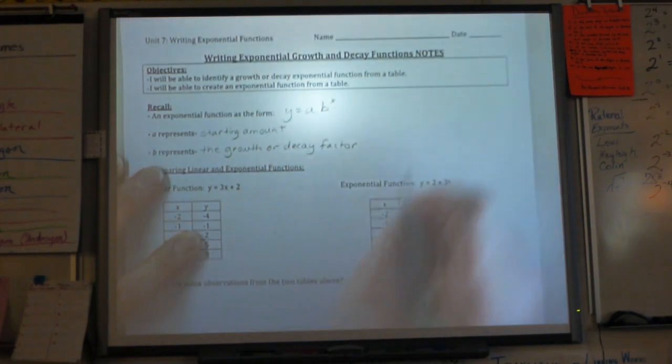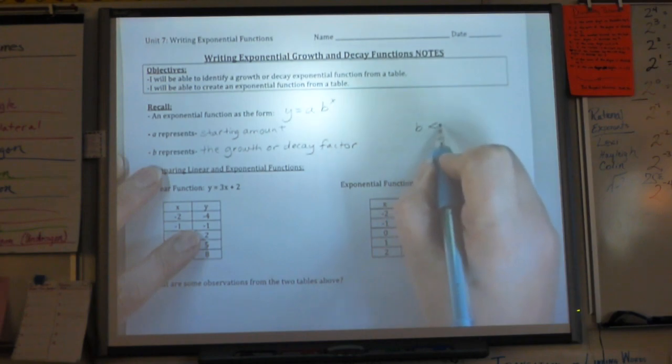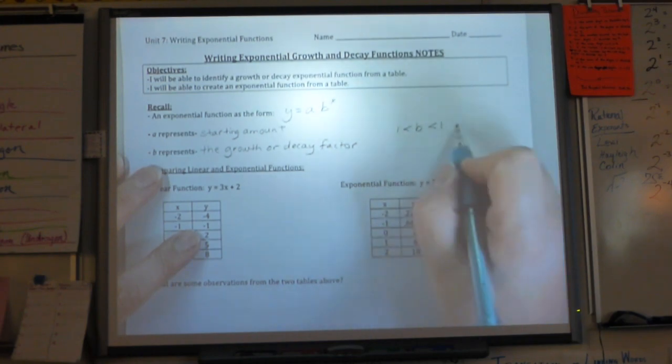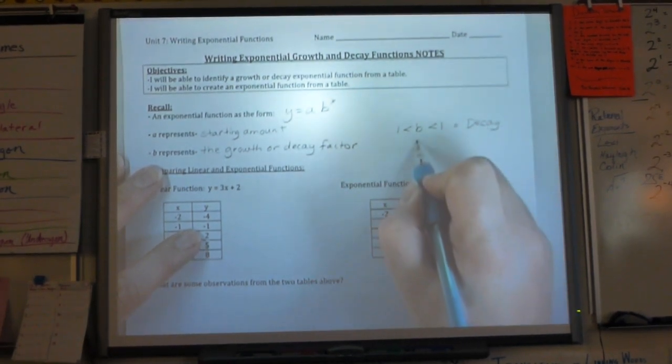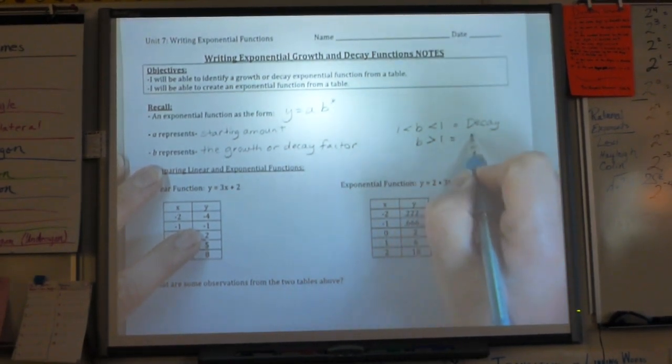Okay, and just a reminder that when b is between 0 and 1, we have exponential decay. And when b is greater than 1, we have exponential growth.